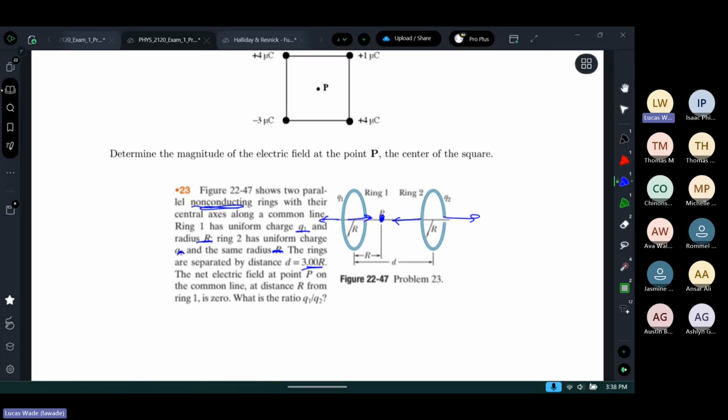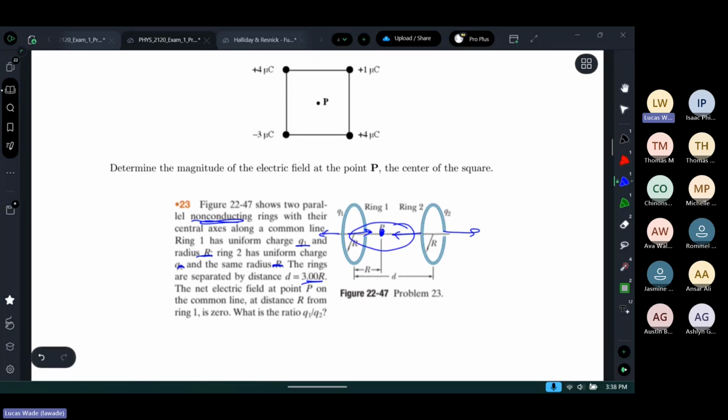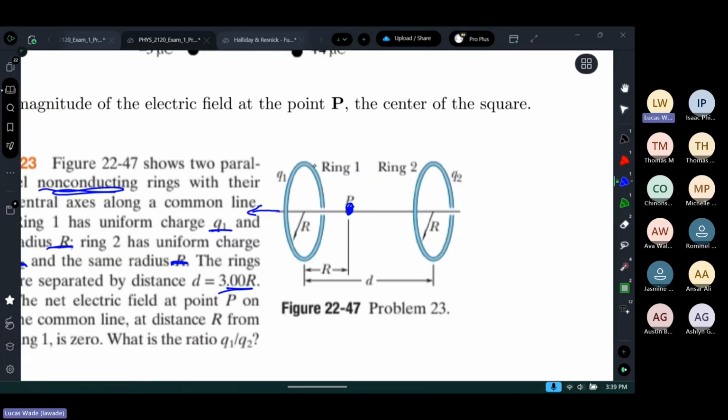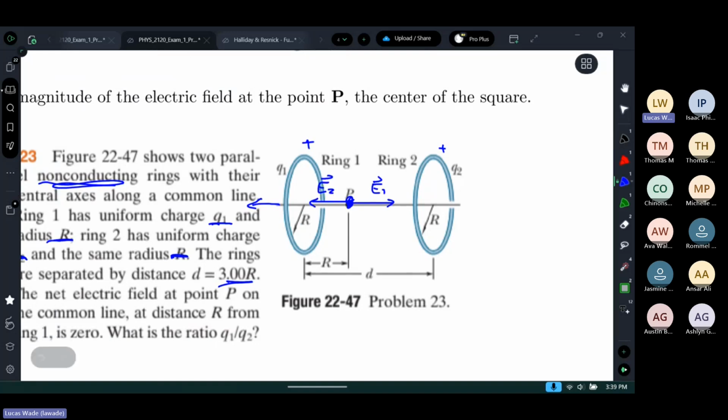The only situation out of those cases where I could get a cancellation of fields is if both rings have the same type of charge. If ring 1 is positive and ring 2 is positive, for instance, the field due to ring 1 points that way. Field due to ring 2 points the other way, because they would each be pointing away from their respective rings.